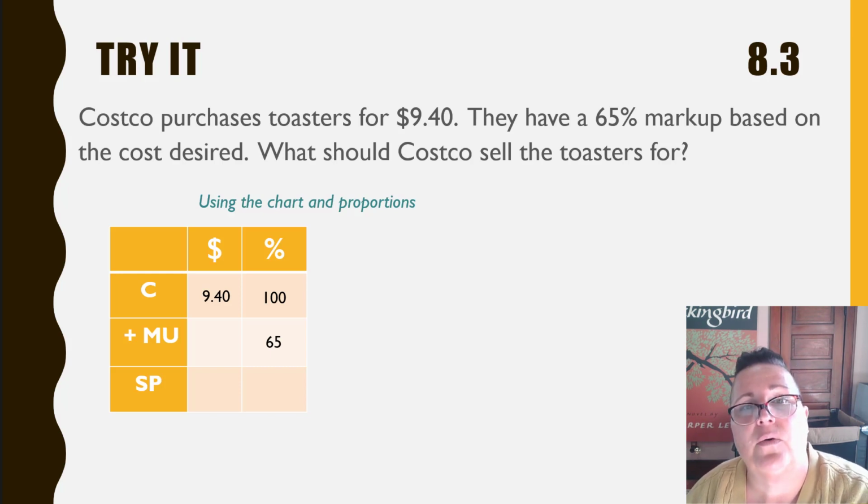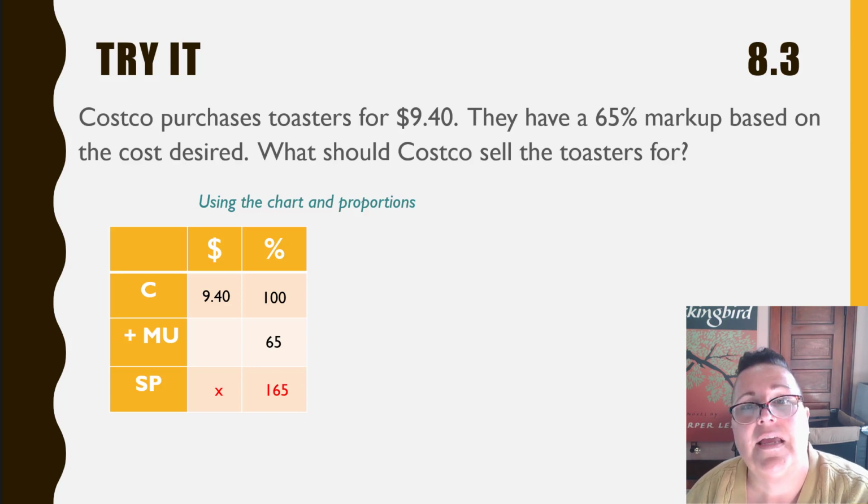That's the last row. And if I look at the percent row, I can see I've got 100 and a 65. I know from the overreaching equation that cost plus markup is equal to selling price. So 100 plus 65 is 165. And I'm going to put an X where the selling price dollar amount is, because that's what I have to find.